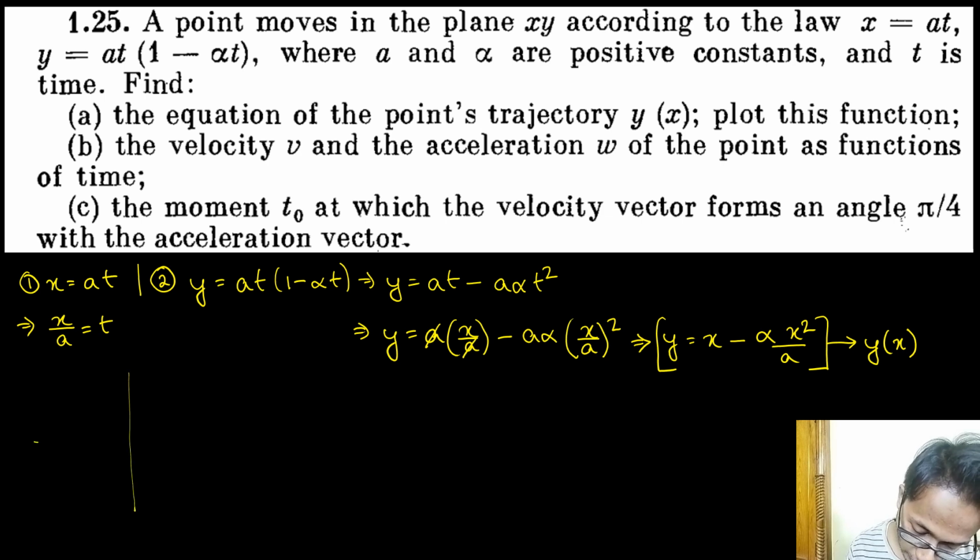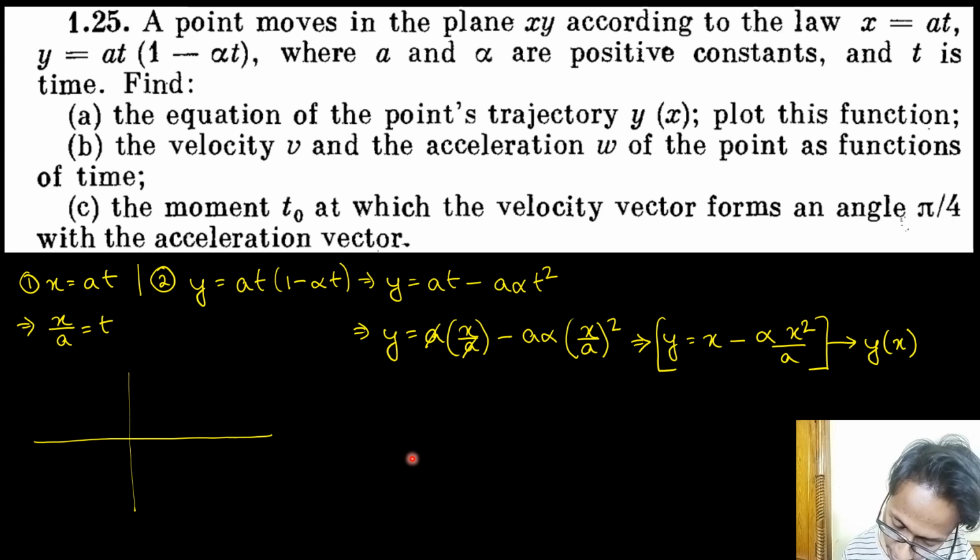See out here, at x equals 0, what's the value of y? At x equals 0, the value of y equals 0. So out here, the curve would be an inverted parabola. This is the y-axis, this is the x-axis.